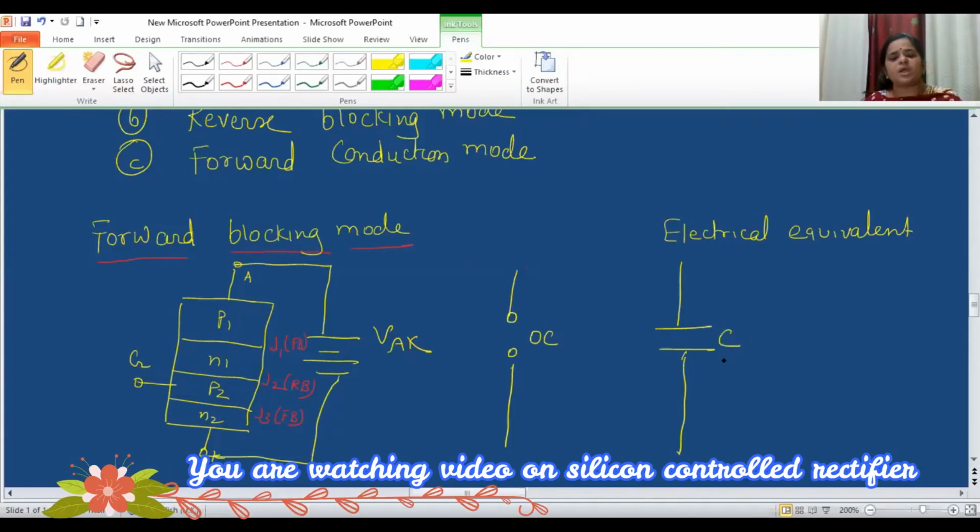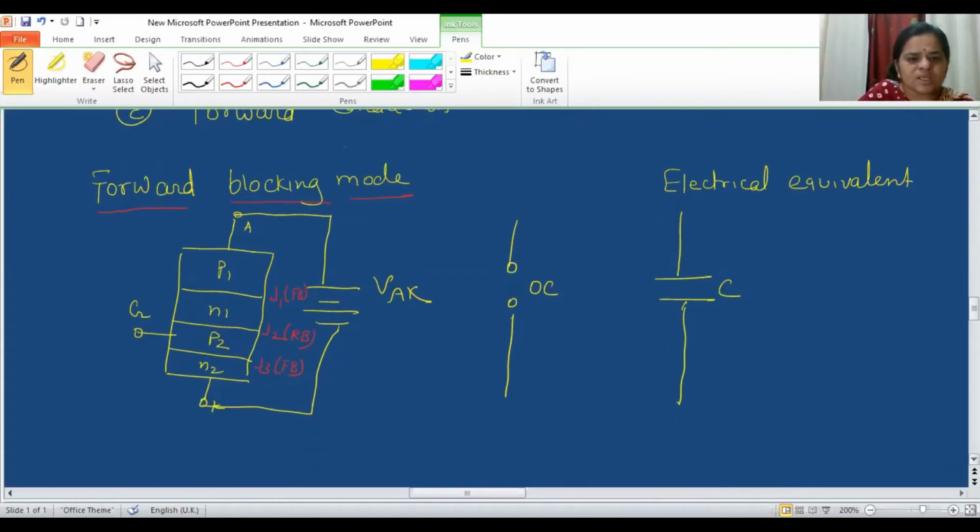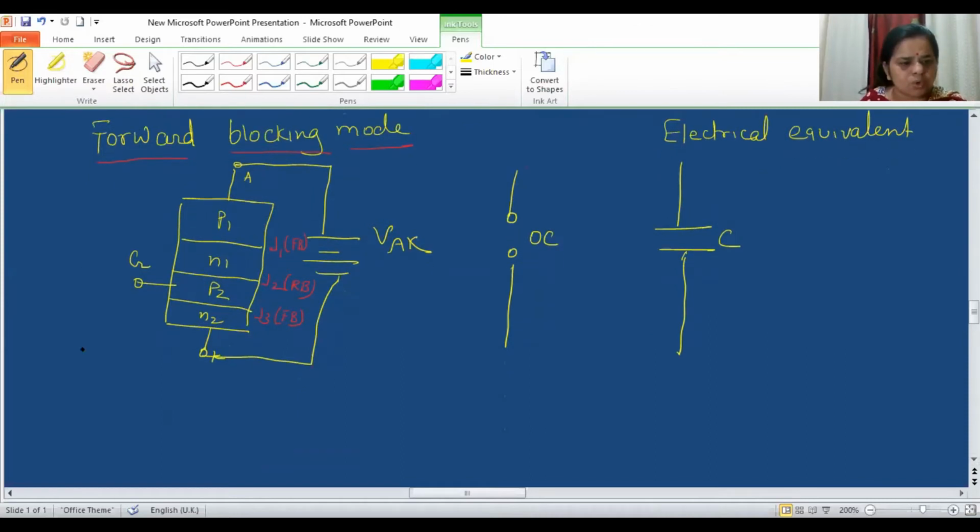So its electrical equivalent is a single capacitor. This operating mode is called the forward blocking mode, acting as an open circuit, and current cannot flow in this mode.